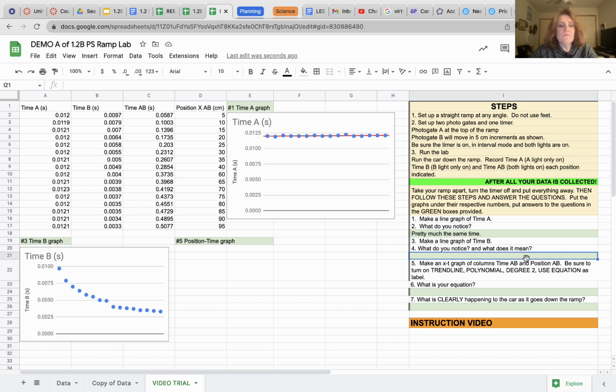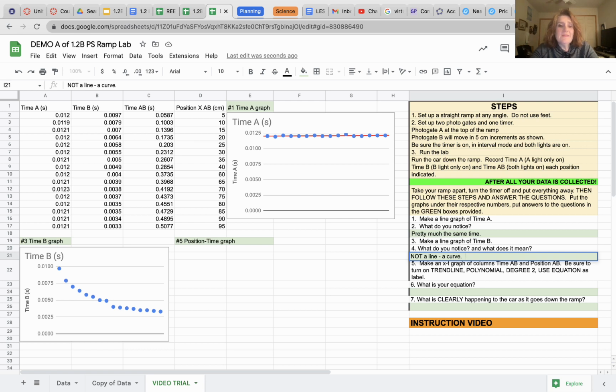Okay. And then it says, what do you notice about that? What does it mean? Well, notice that it is not a line, that it's a curve. And it is going from having a positive slope to no slope at all, but it's actually in reverse.